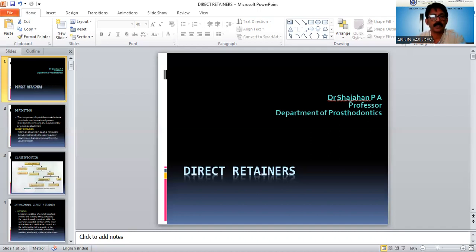Now we are coming to the minor connector part of the clasp assembly. It joins the body to the remaining part of the framework and gingivally approaching clasp, which is called approach arm.